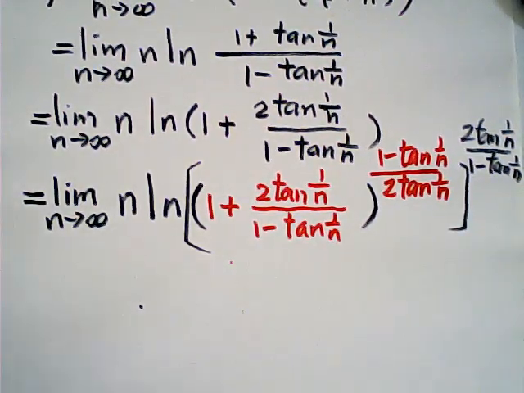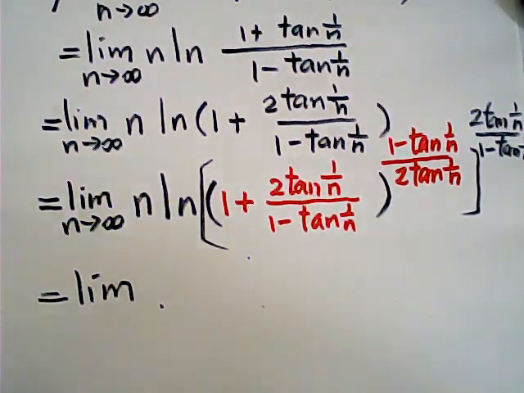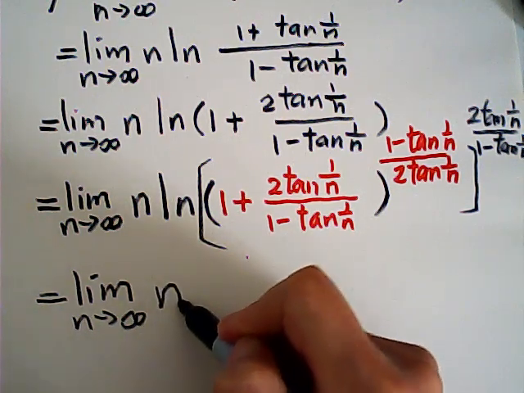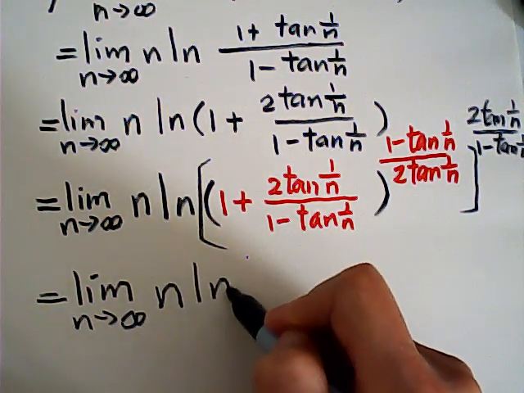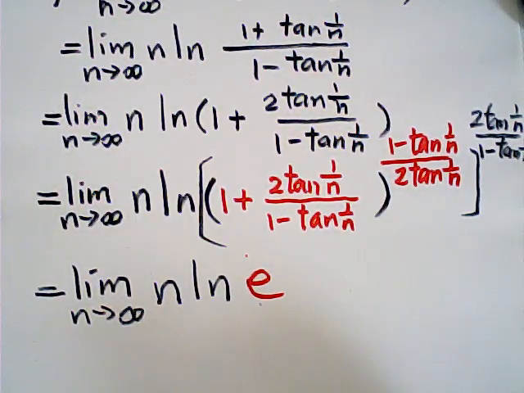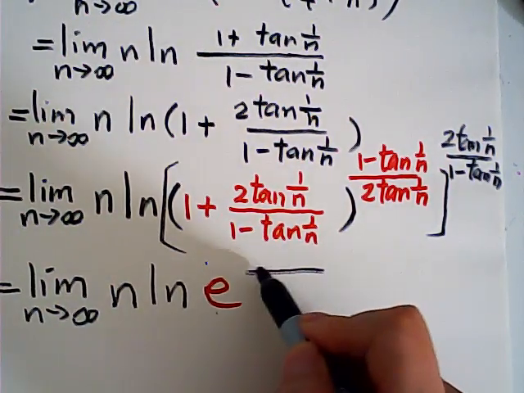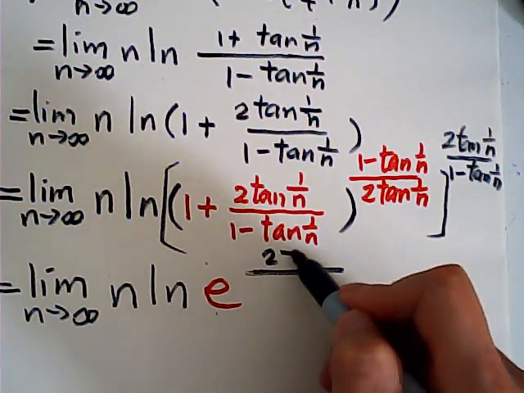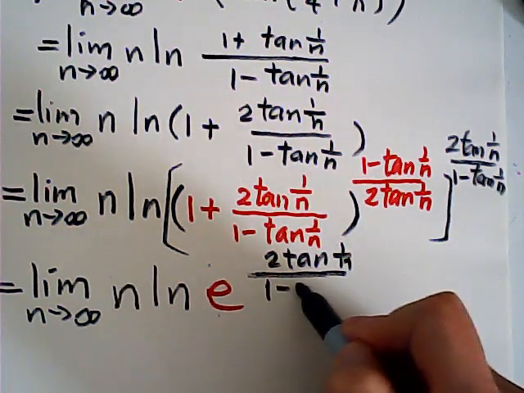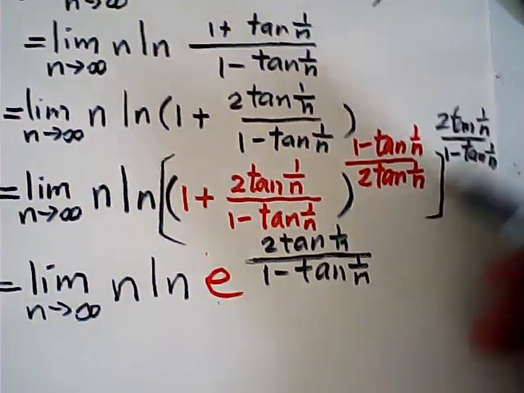So this becomes the limit as n goes to infinity of log, and now I have an e, the red one is e, to the power of this one, 2 tangent 1 over n over 1 minus tangent 1 over n.